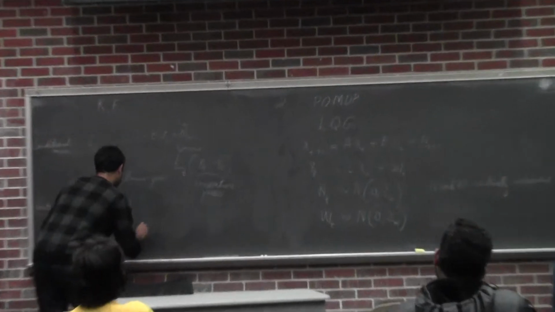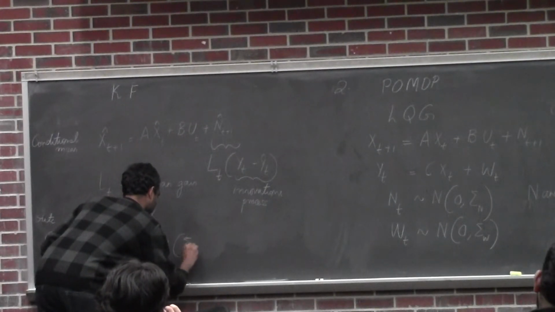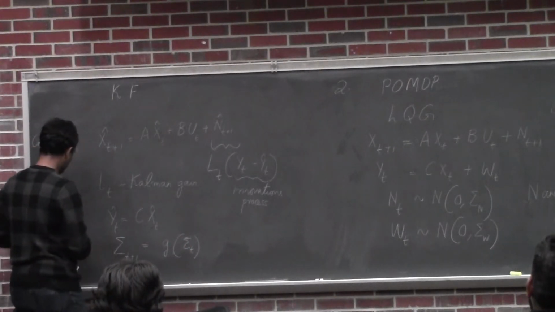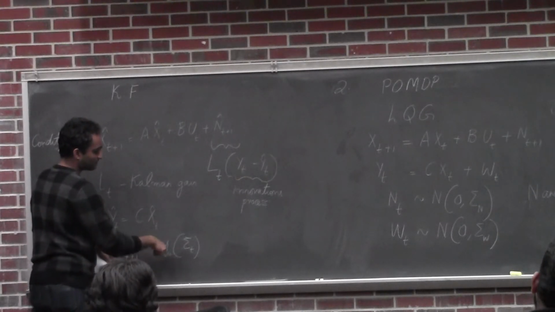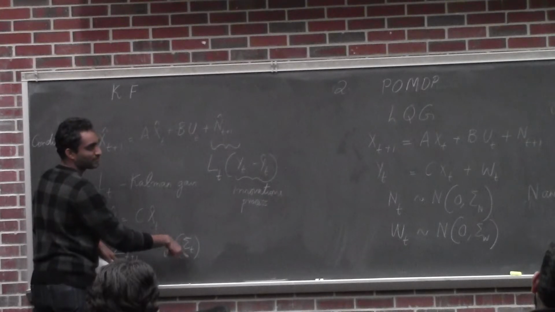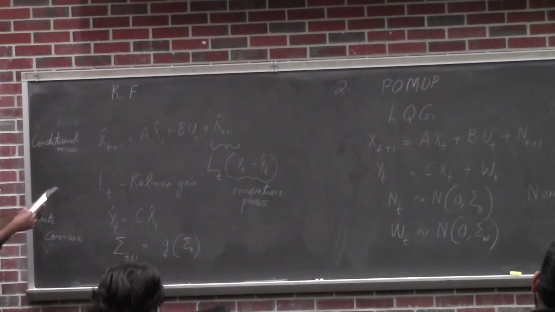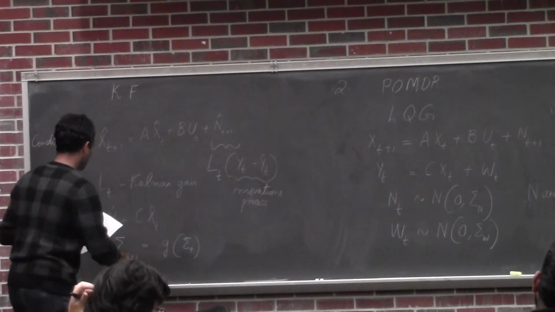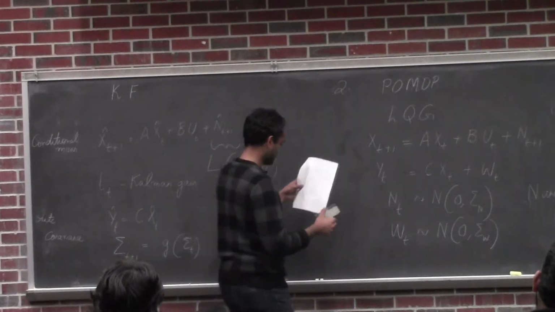So I'll just write it down like this. The state covariance at time t plus 1 can be written as a function G of the covariance at time t, where G has a particular form which I don't plan on writing. You can easily obtain that on Wikipedia.